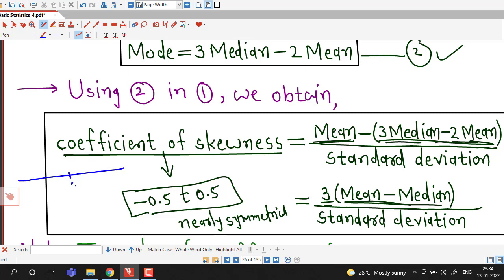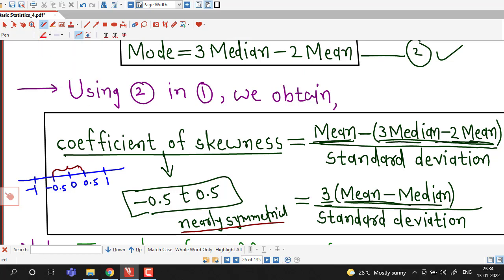Okay, so we can have this type of situation, minus 0.5, 0.5, then I will have 1, here I will have minus 1. So if we obtain the value of skewness in this range, between minus 0.5 to 0.5, then we can say that given distribution is nearly symmetrical.